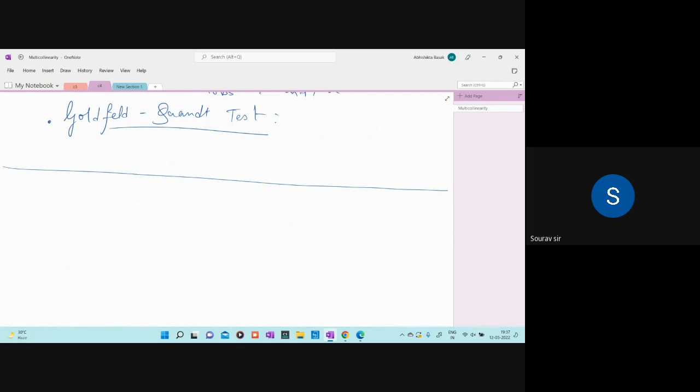Am I audible? Yes, ma'am. Can you tell me? Is it okay, whatever I have discussed so far? Yes, madam. If you don't have the concept of this testing very clear, you won't be able to understand this portion. So before you go through this portion, please go through the testing portion once, then come to this portion. Can you tell me some situations where you may face heteroskedasticity?